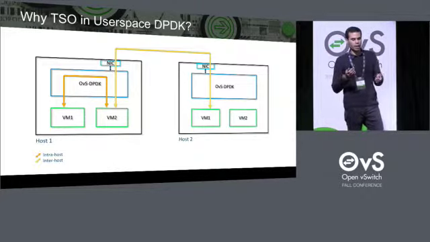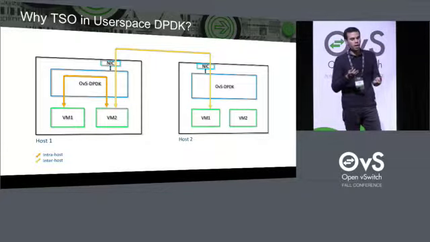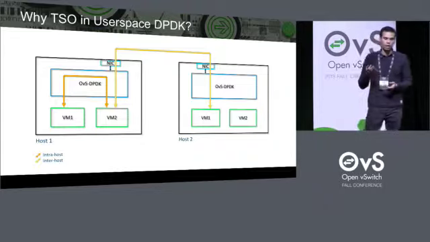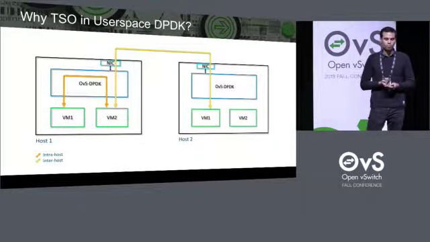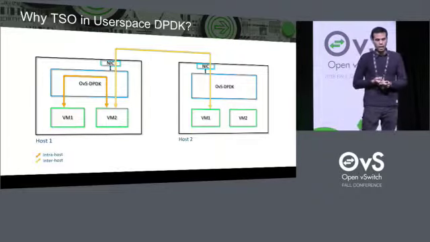And so we can split those use cases between two main categories. So we have the intra-host use case represented here by the orange path. And that's basically VMs communicating between each other within the same host. And then we have the inter-host use case, which is VMs communicating between each other, but across hosts, and which is represented here by the yellow path.